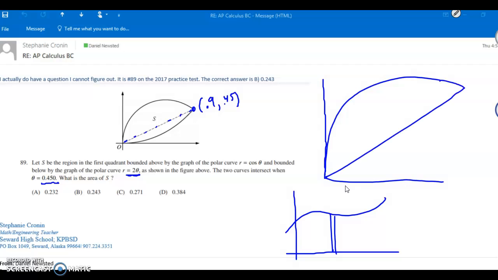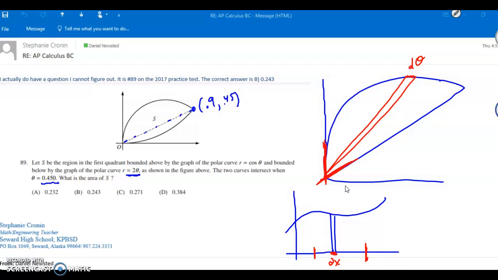If I'm doing the integral, I'm not doing the width of x like I normally would, that's dx. Here I'm doing the width of the angles, d theta. My bounds are no longer x values left and right. My bounds are going to be angle values in radians.